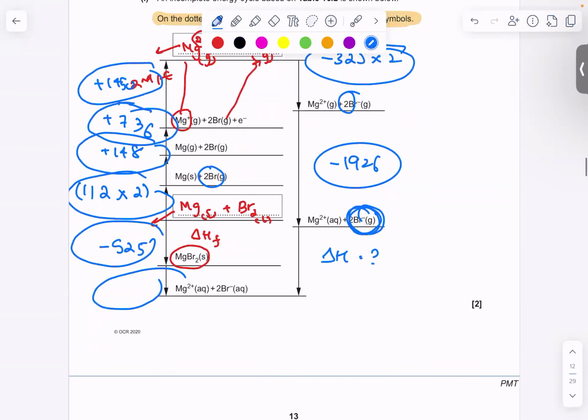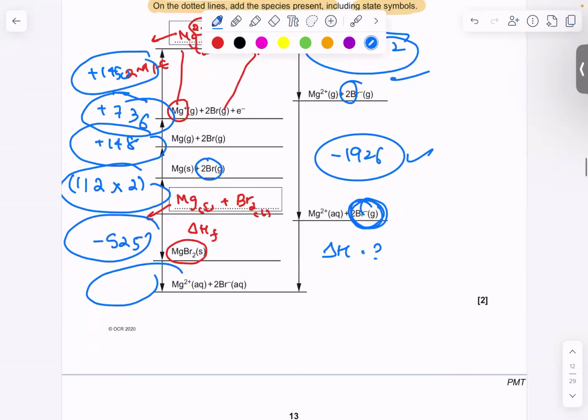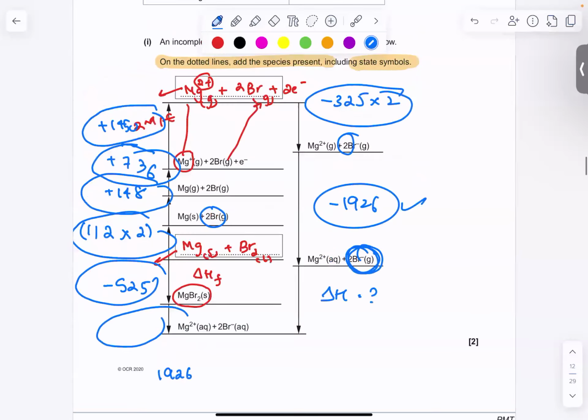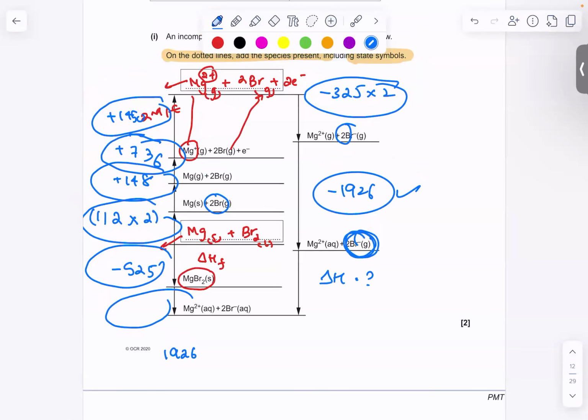So I'm going to do it this way, right? So I'll change the sign. It would become 1926. And then, Miss Shubnam, may you do the first way instead? Is that okay? Yeah, we'll do that. Then you simply need to add them up. Can you do it on the calculator then?